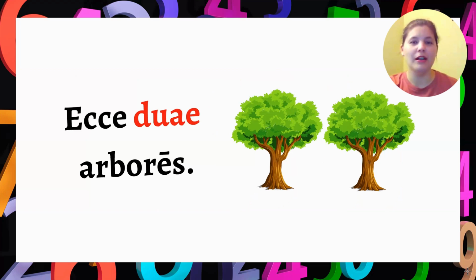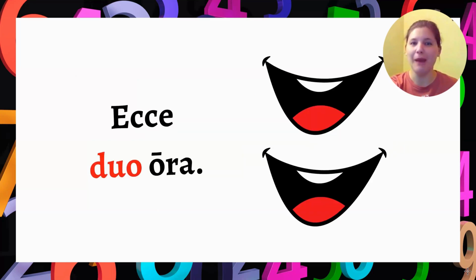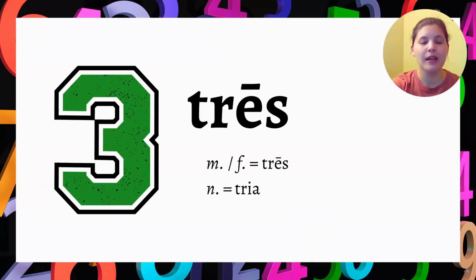Next up are our plural trees, ecce duai arbores. There's 2 of them now, una arbor, duai arbores. And we have 2 mouths now too, ecce duo ora. Unum os, duo ora.